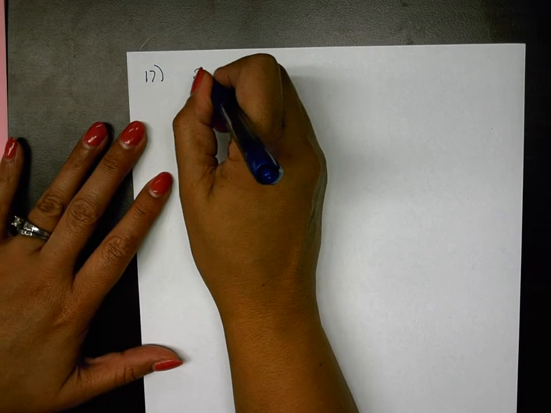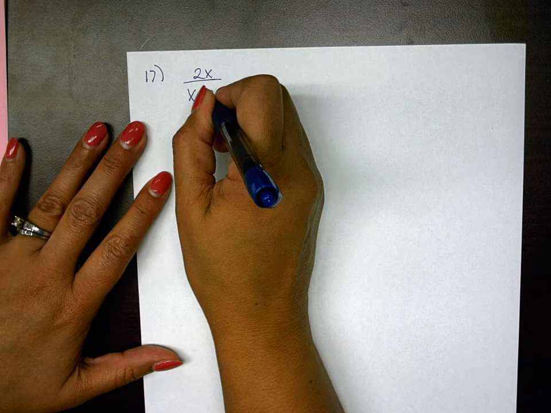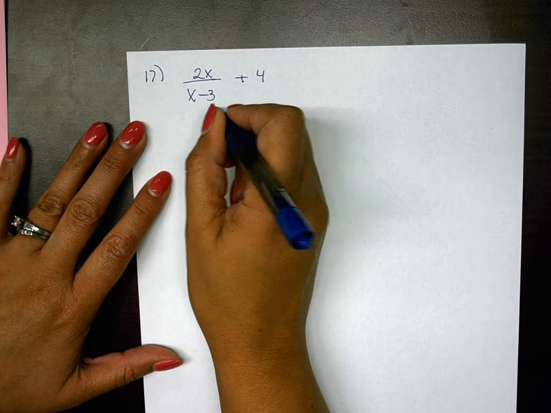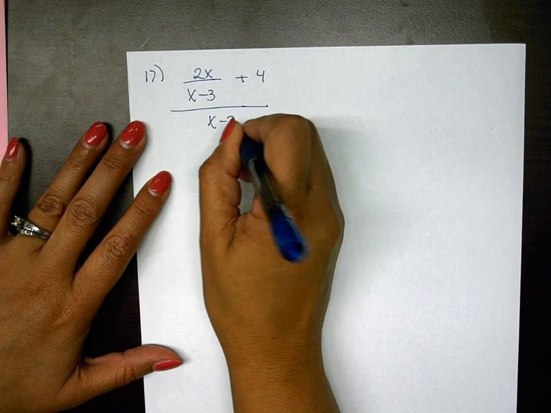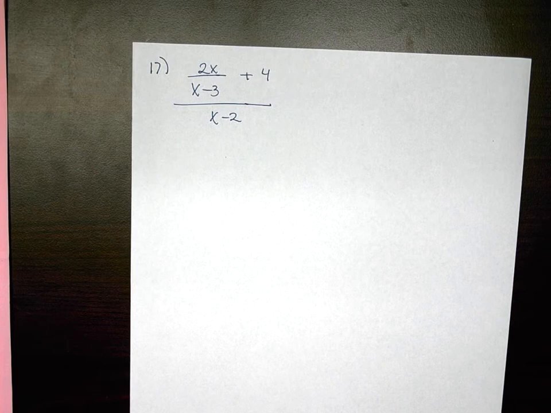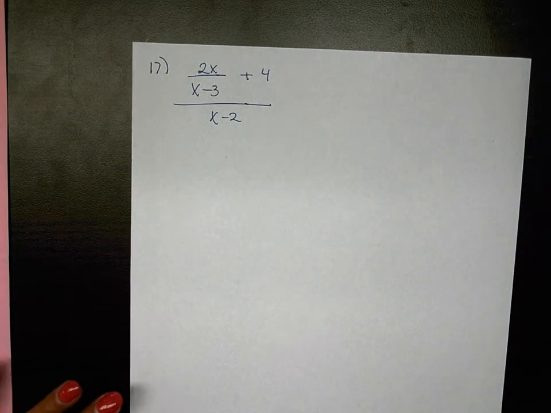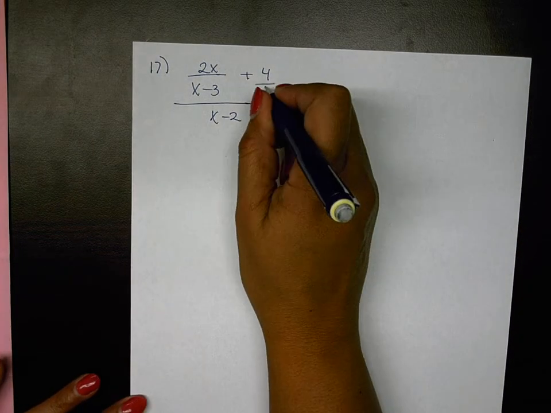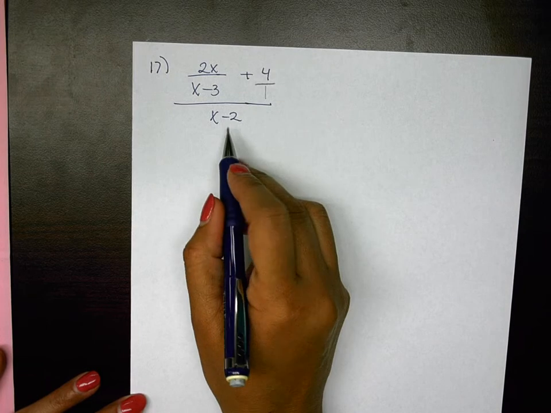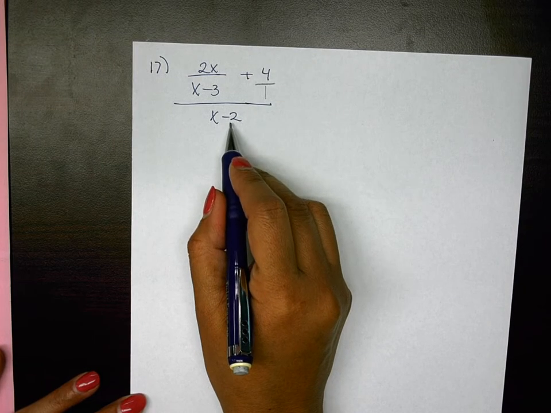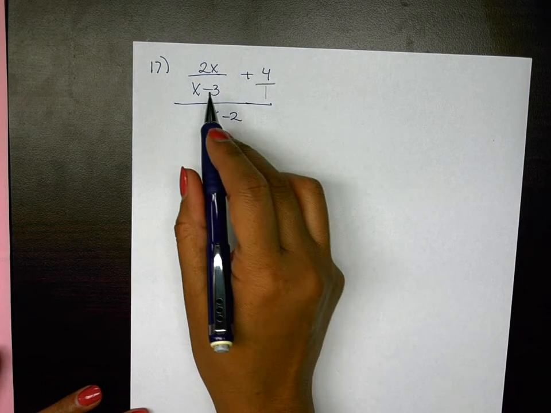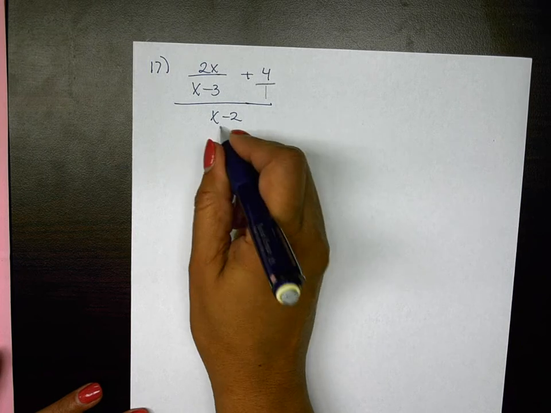2x over x minus 3 plus 4 over x minus 2. Now, remember what I've said in class and in notes, make everything a fraction. Kids will often forget to make this a fraction and say their common denominator is x minus 3 times x minus 2, and that is incorrect.